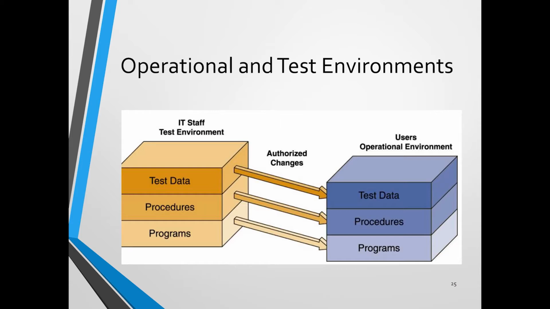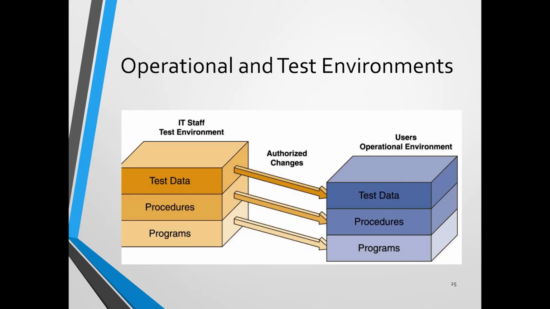There are a couple of things. In this one they have 3 layers: test data, procedures and programs. Test data is the data that we convert to use as test data. Procedure is the steps that the users have to do in order to use our information system, and the lowest level is the programs.